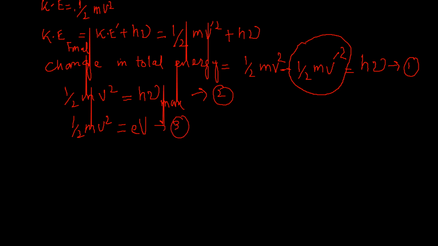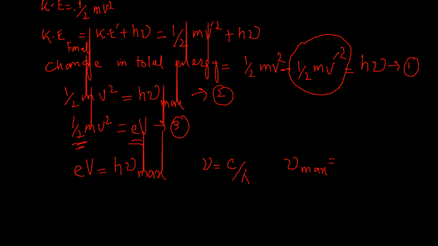Now we can replace half mv square with eV in equation number 2. So equation number 2 will become eV equal to h nu maximum. Now, dear student, as you know, the frequency nu is equal to c by lambda. So the maximum frequency will be equal to c by lambda minimum.